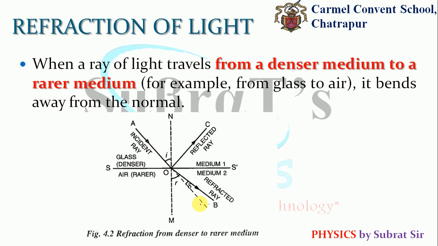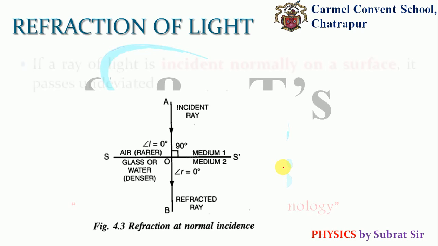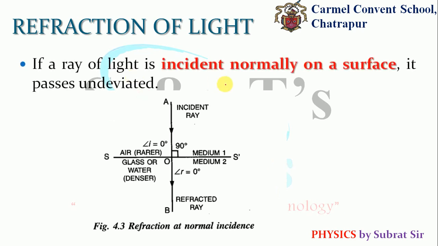But as the media are different and the light is passing from denser to rarer, it will move away from the normal. This one is the normal and the ray is moving away from it. You have to remember these two for our ray diagrams. Then, if a ray is incident normally on a surface, what will happen? It will pass undeviated.